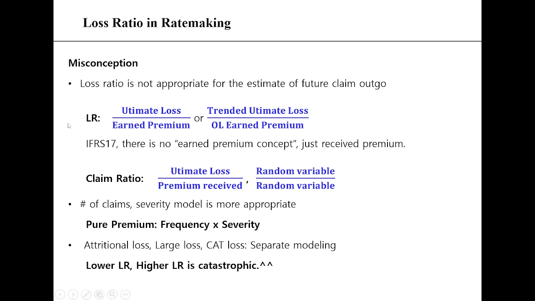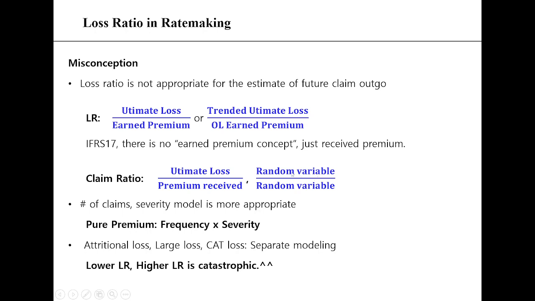The second issue is that when you try to do the simulation, the loss ratio itself is a combination of random variables. The numerator and denominator are both random variables. Yes, you have the F statistic, but here we have to forecast or predict the loss and premium separately, cash outflow and inflow. That is another problem: a combination of two different random variables.